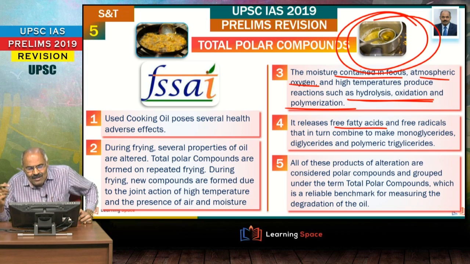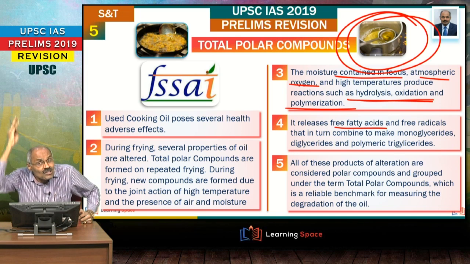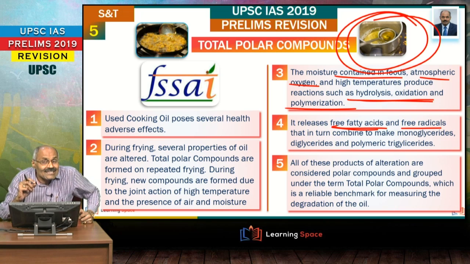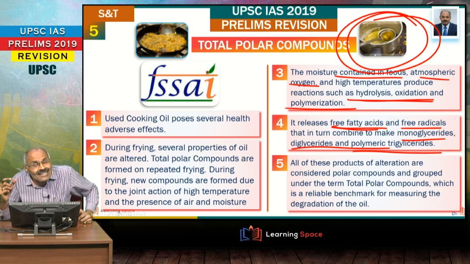These are released because of moisture, atmospheric oxygen, and repeated high temperatures, and they in turn form monoglycerides, diglycerides, polymeric triglycerides like that. And all these result in the formation of total polar compounds, right?